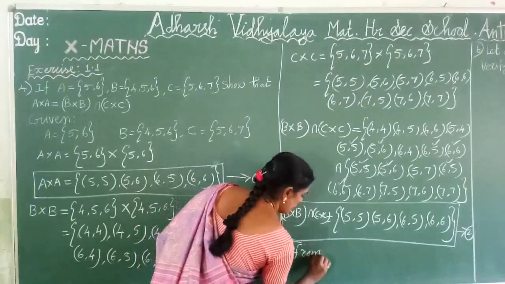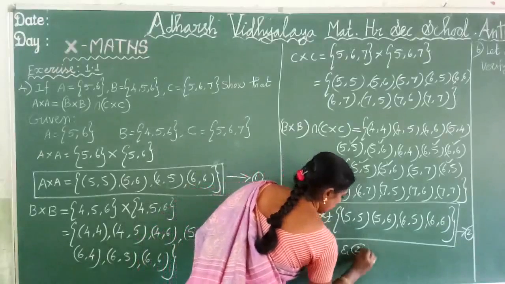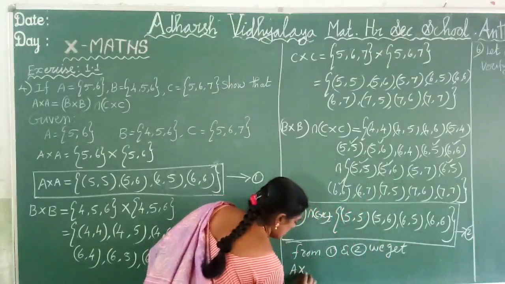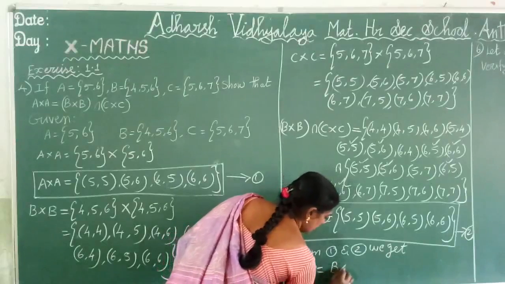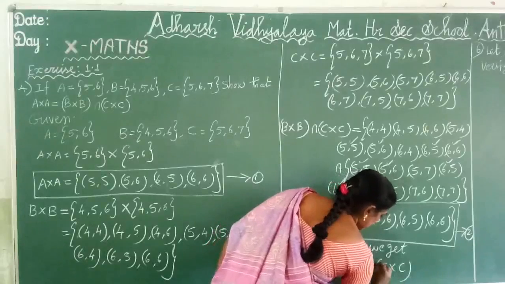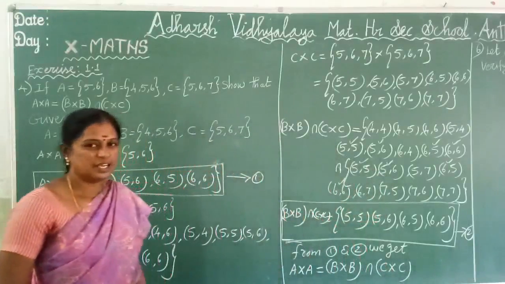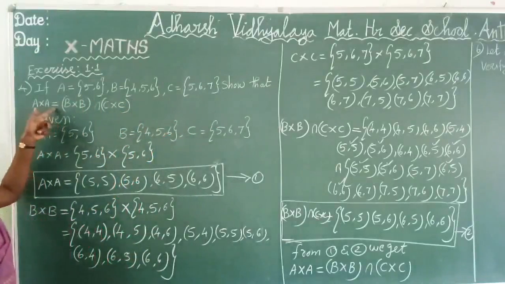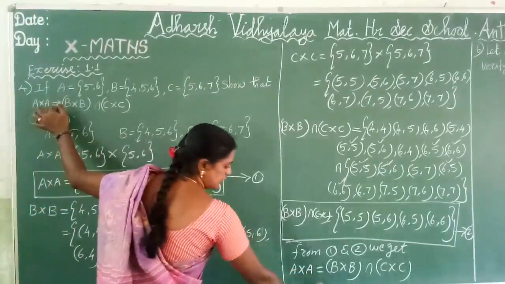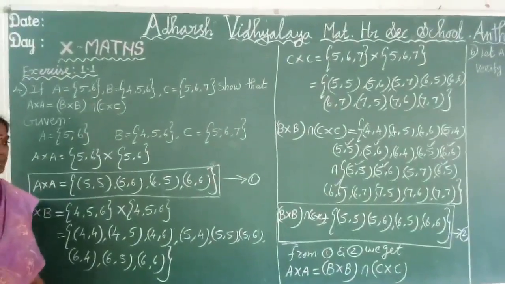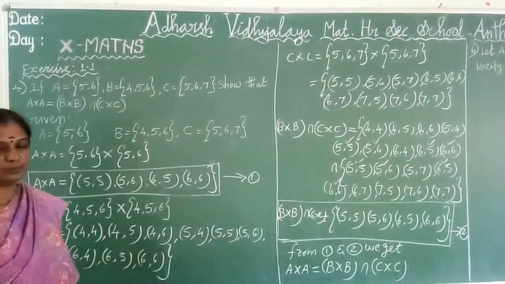From 1 and 2 we get A cross A is equal to B cross B intersection C cross C. So that is verified. We wanted to show this, so we checked whether these two are equal. Is it clear?